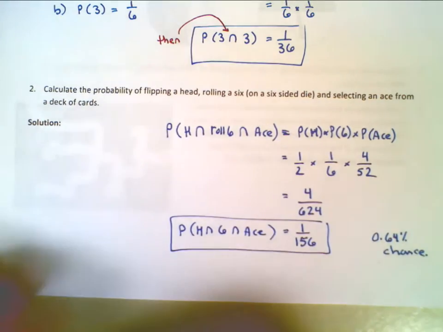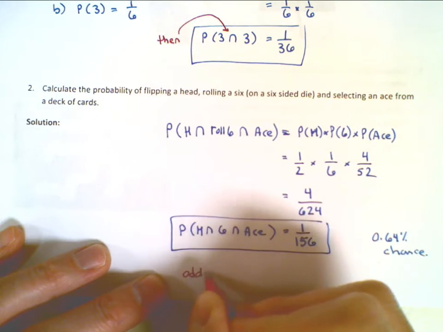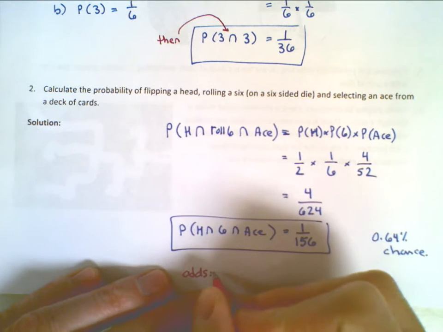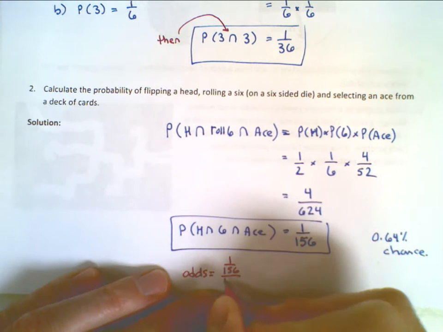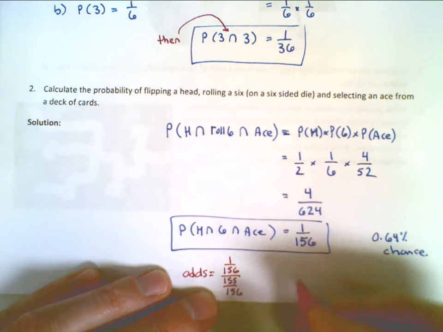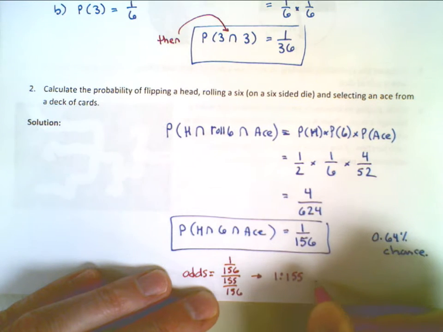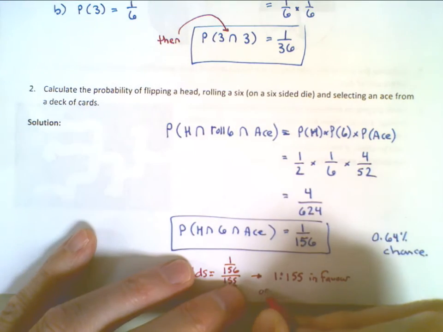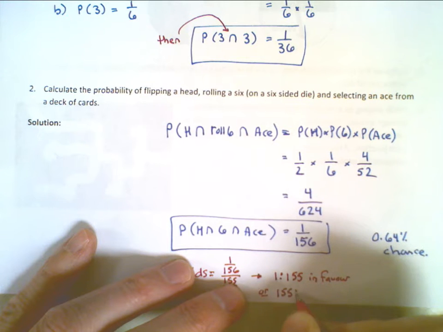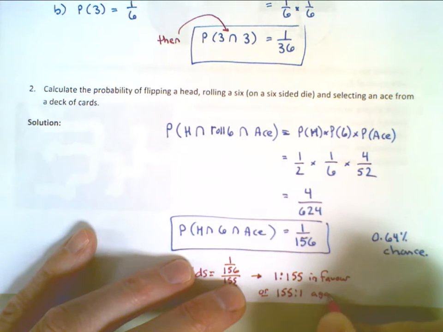So if you were to ask what are the odds, it would be 1 over 156, 155 over 156, which would tell us that the odds in favor are 1 to 155 in favor of that happening, or 155 to 1 against.